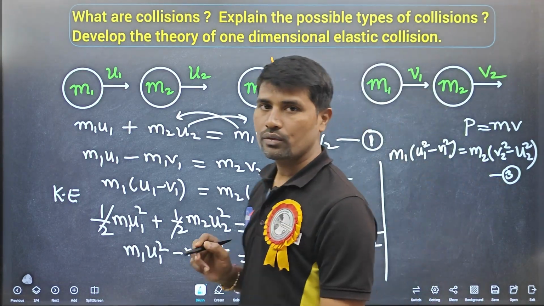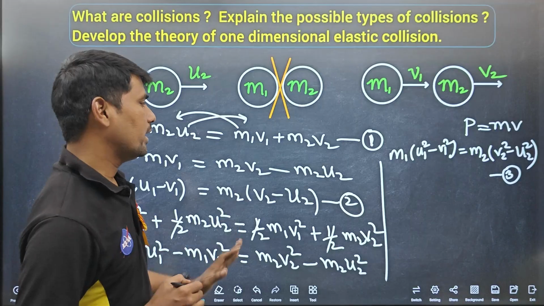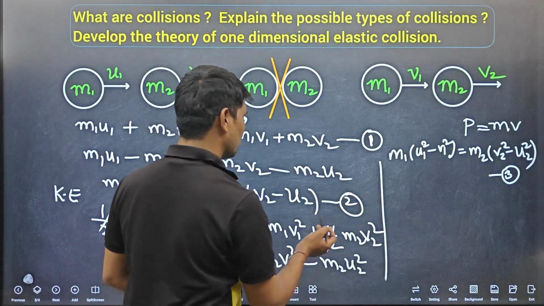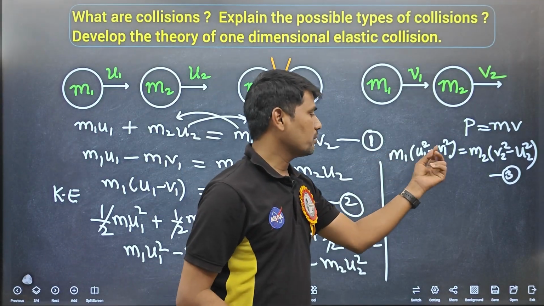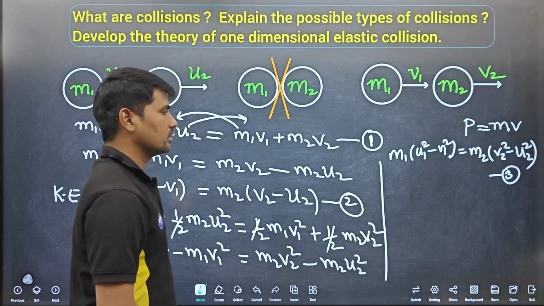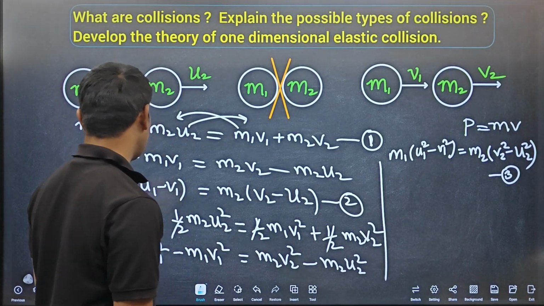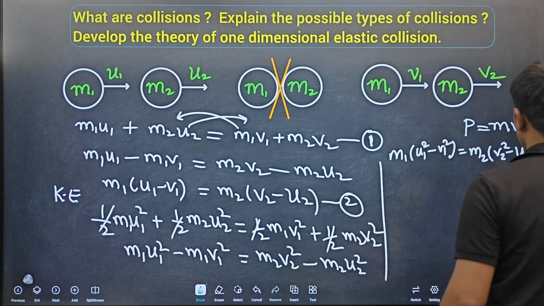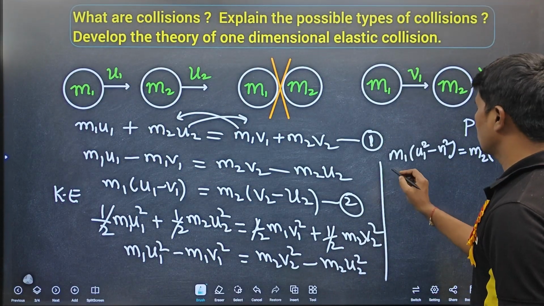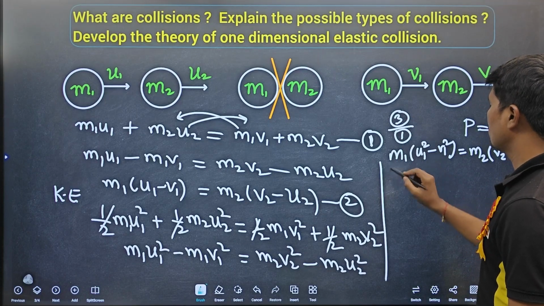So now what we have to do here? We have to divide equation 3 by equation 2. Why? Because here u1 minus v1 is there, and here also a square minus b square format, right? So we have to divide these two equations. Here I am writing, divide equation 3 by equation 1.